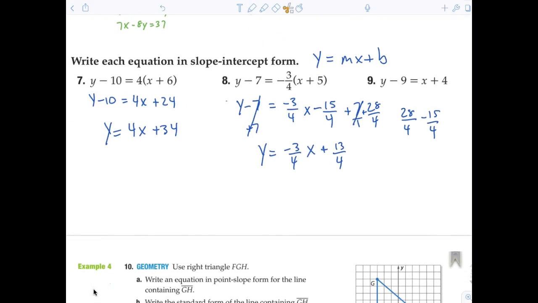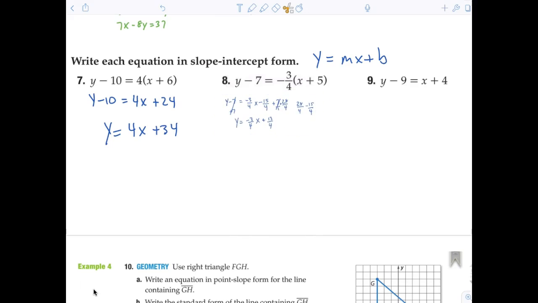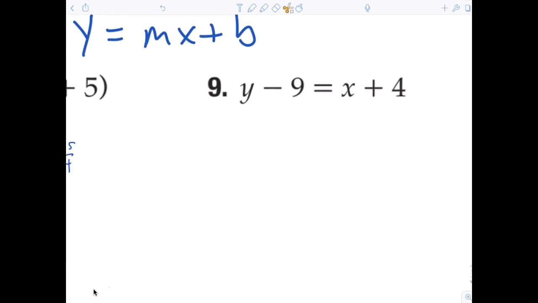All right, that was number 8, right? So let's do number 9 now. Wow, number 9 is really easy. They should put that one first. Somebody tell me what the answer is. Y equals x plus 13.